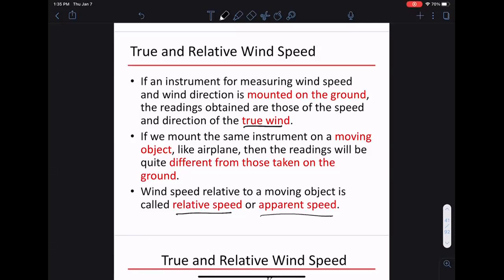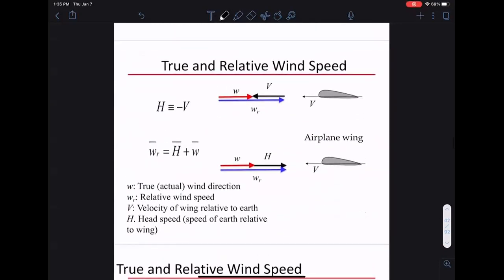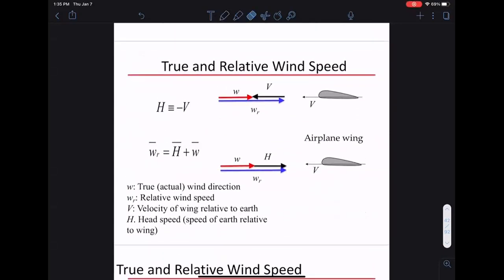Okay. Now we have to look at some vectors because we're talking about this kind of speed. We have the airplane wing, or the airfoil, which has some motion, some velocity.